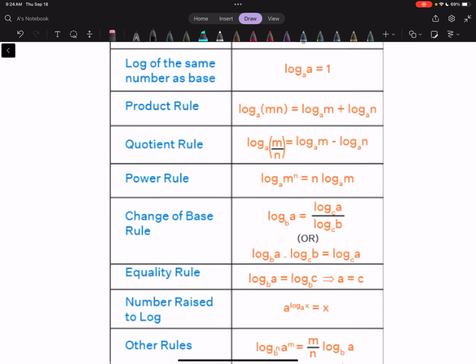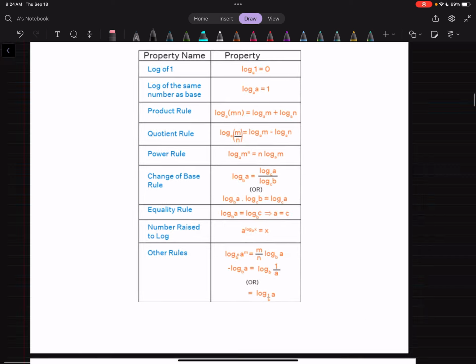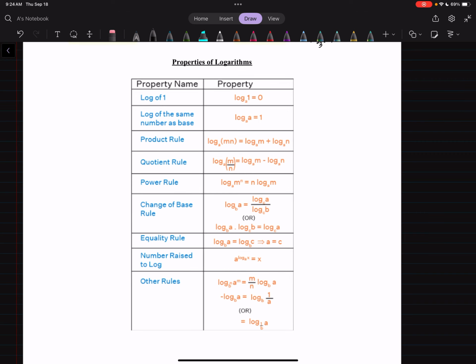Now, there are several properties here that you have to know, but we're not going to use all of these all the time. The biggest ones you have to know: this one, log of 1. You have to know the product, quotient, and power rules.